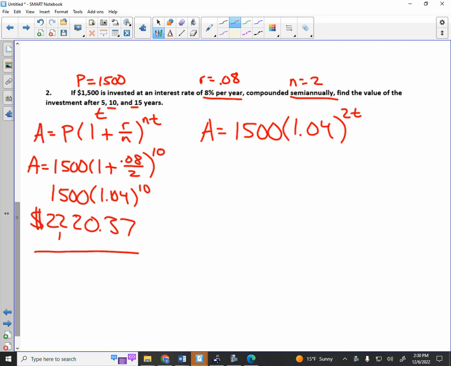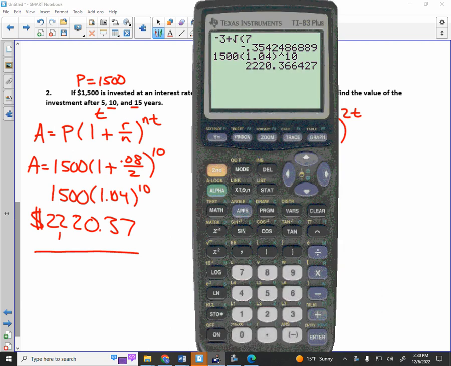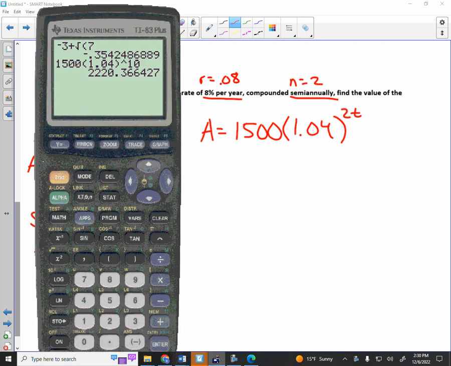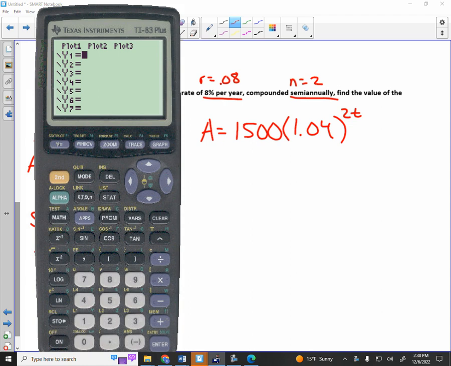That's a function of the amount with respect to time. So what I can do is go to my calculator, go into y equals, and type 1,500 times 1.04, and I raise it to the, see if anybody can catch this, what do I type in?